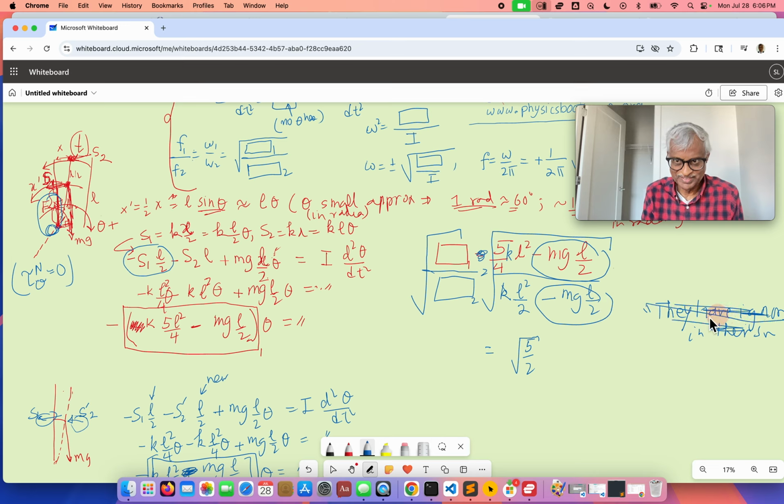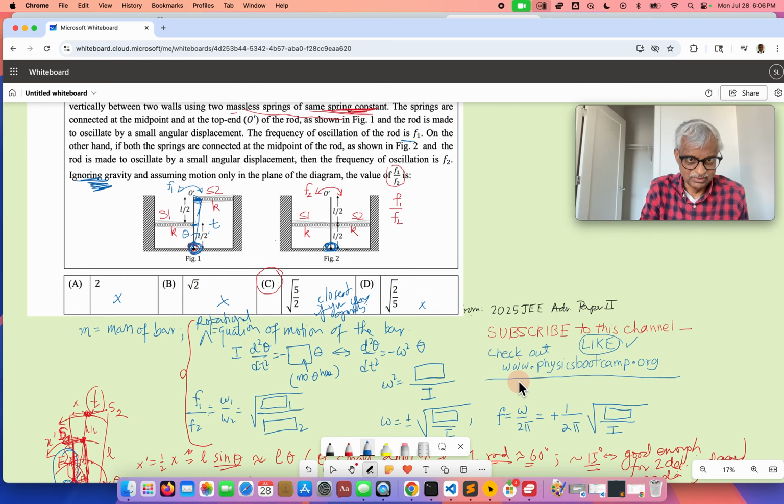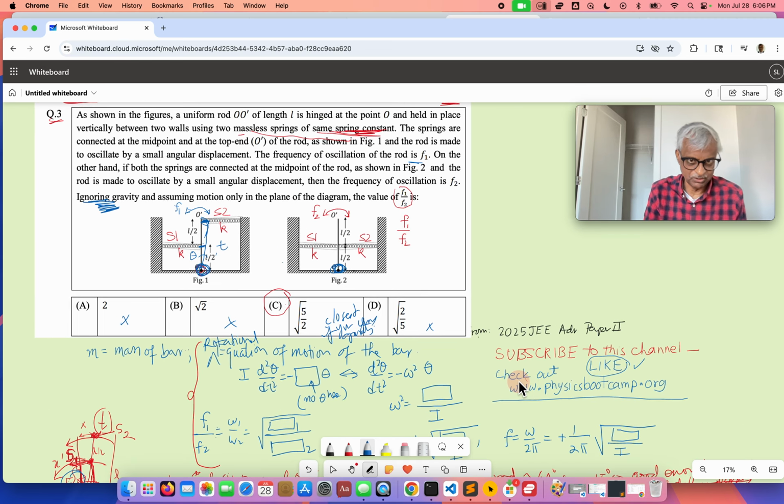I think they just wanted to say let g equal to 0. Go to a place where g is equal to 0, outer space somewhere. Then it's that. Okay, then the problem answer is 5 over 2. That's correct. C is the correct answer.